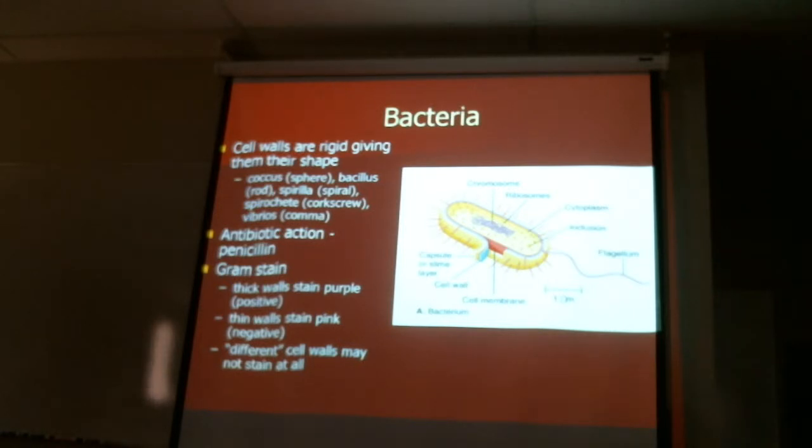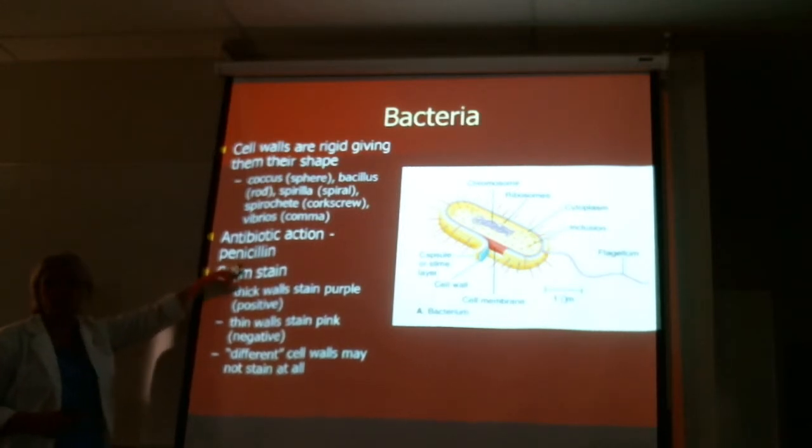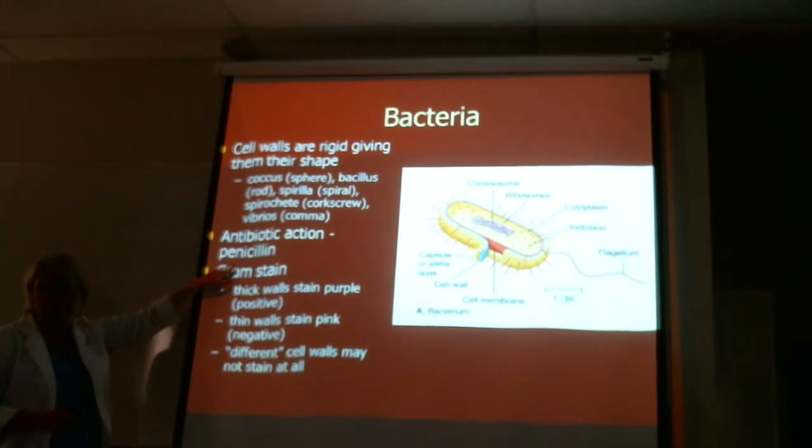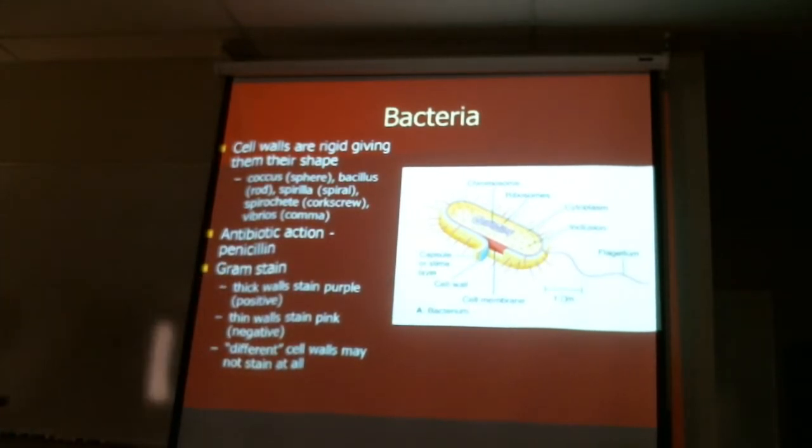We do not have a cell wall. Animal cells don't have a cell wall. There's a couple of eukaryotic microorganisms with a cell wall. But since we do not have a cell wall, this won't affect any of our cells in any adverse way. So it makes it a good target.